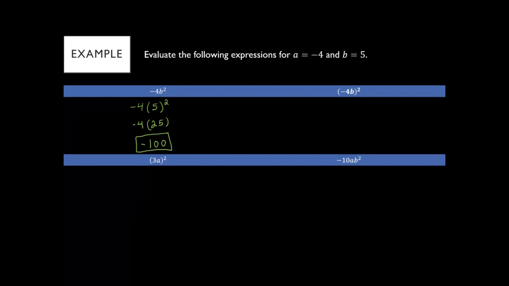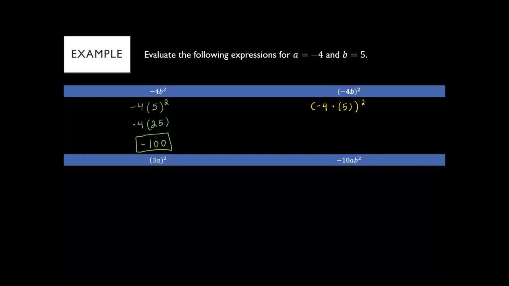Now on the right, notice that this is slightly different because we have parentheses around the negative 4b, and then we have our exponent. So it's going to be in a slightly different order, but we still need to plug things in. I have my negative 4, multiplied by b, so that's a 5 right there, and then I have my exponent.